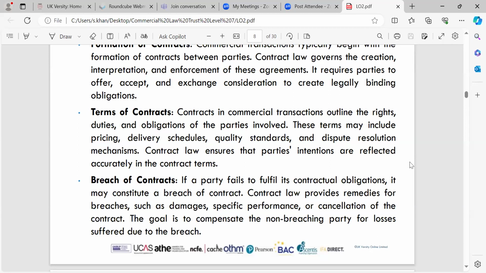And the goal is to compensate the non-breaching party for losses suffered due to that kind of breach. So these need to be taken into account, and the parties must ensure that the contract is complete and not lacking any essential terms, and it's not uncertain, for example, through drafting and vagueness.